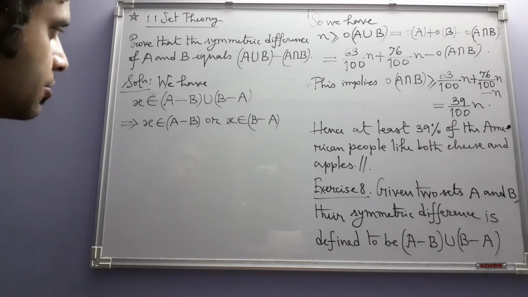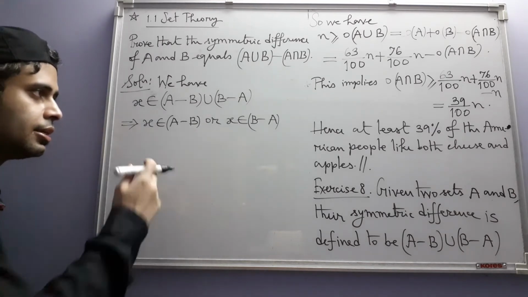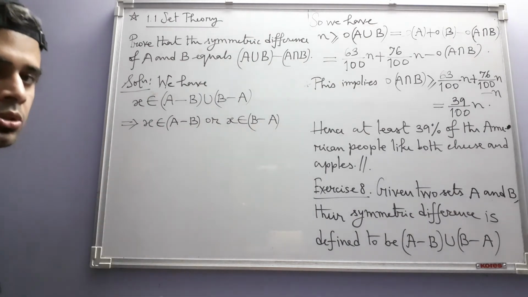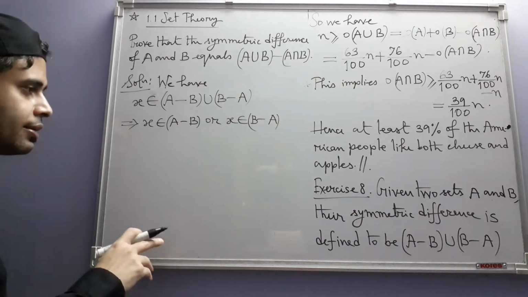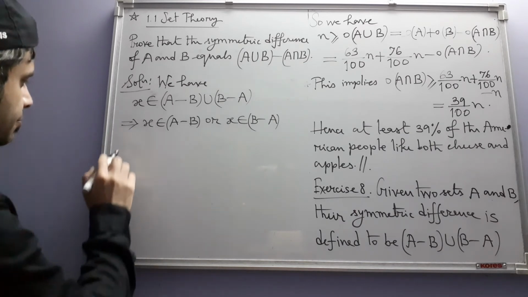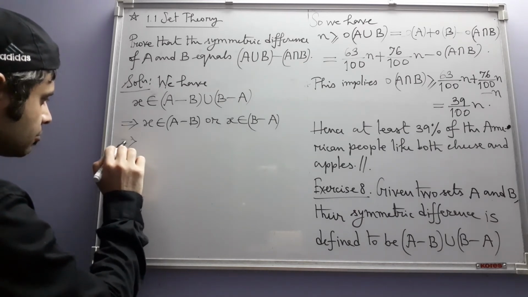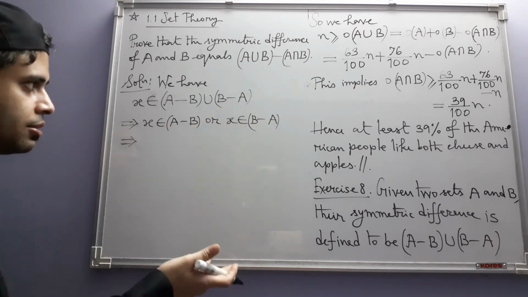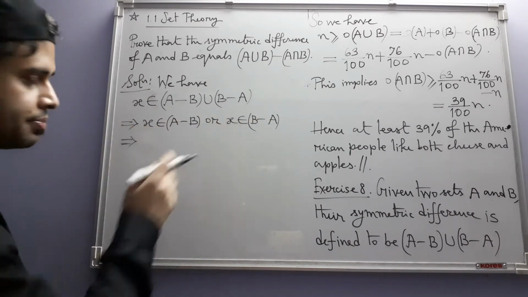In mathematics, whenever you encounter OR, it is inclusive OR. That is, either something is true or something else is true or both are true. If you want to use exclusive OR, you have to specifically mention that. So the fact that both of these statements can be true is included in this.